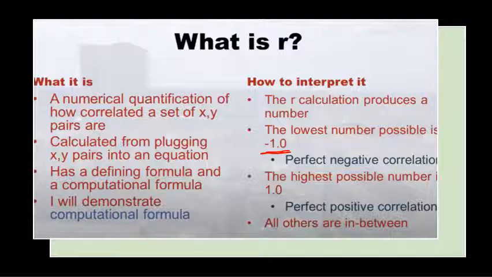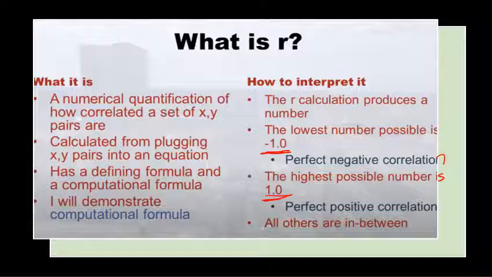If it's negative 1.0, then you have a perfect negative correlation. And the highest possible number you can get for R is 1.0. If you have a 1.0, then you have a perfect positive correlation.